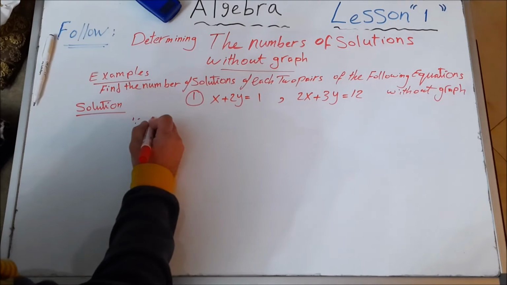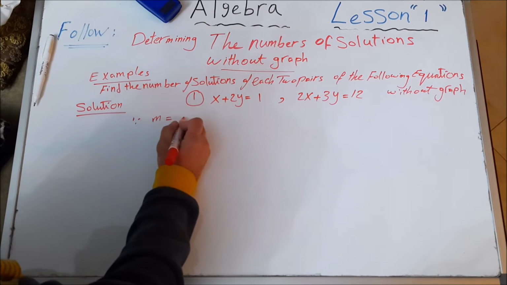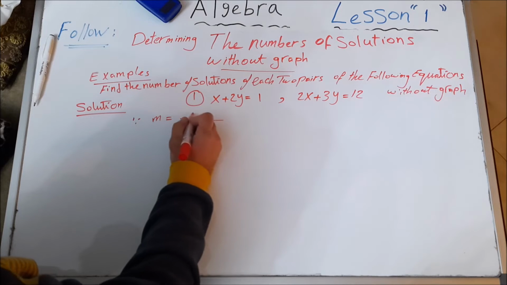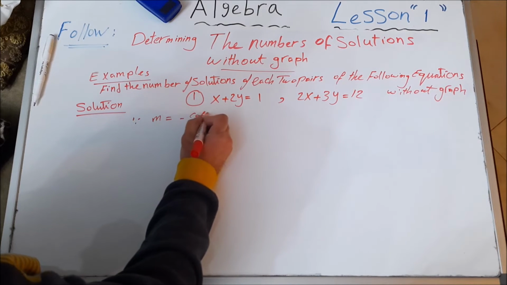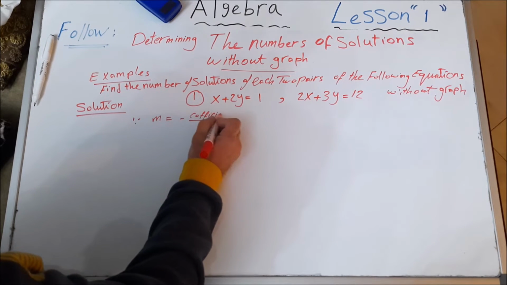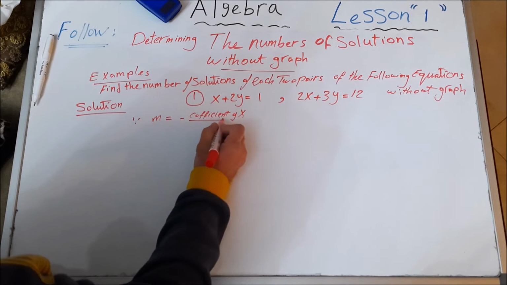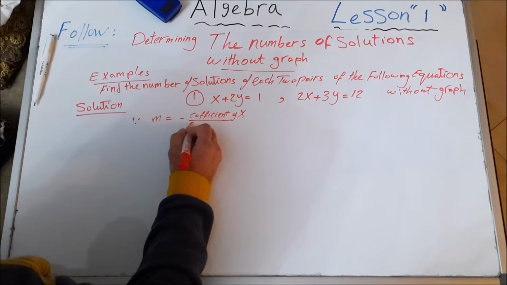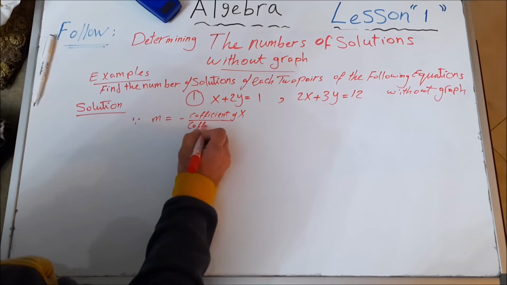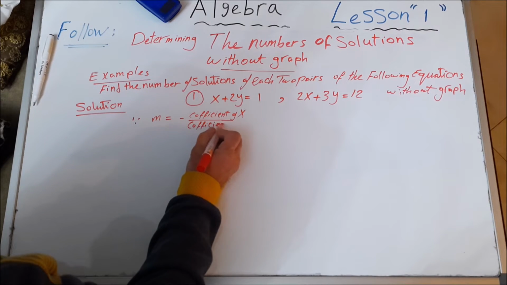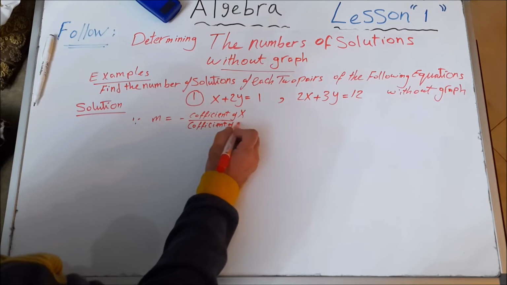m equal minus coefficient of x divided by coefficient of y.